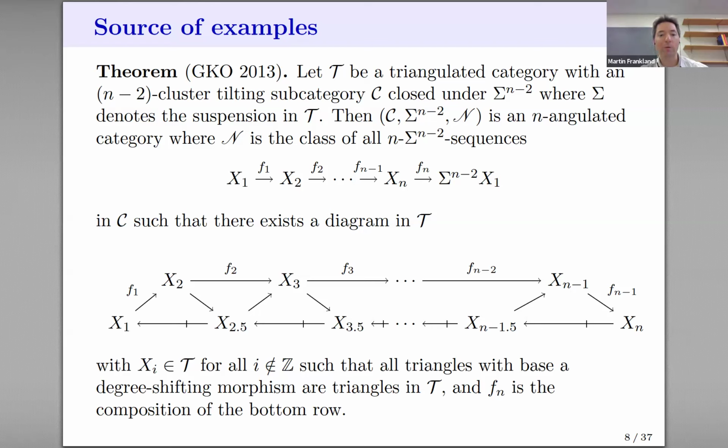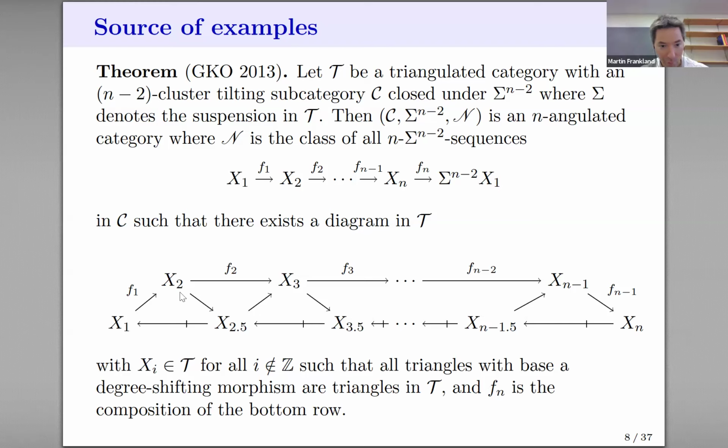It's a bit of a mouthful, but they're given by this condition where the last map that wraps around to the (n-2)-fold suspension is actually a composite of all these degree shifting maps down here. That notation, the little bar here, means degree shifting. So that's really a map to the suspension of what's written. And because there are n-2 of them, when you compose them, the map really goes from x_n to the (n-2)-fold suspension of x_1. And that's this last step f_n over here.